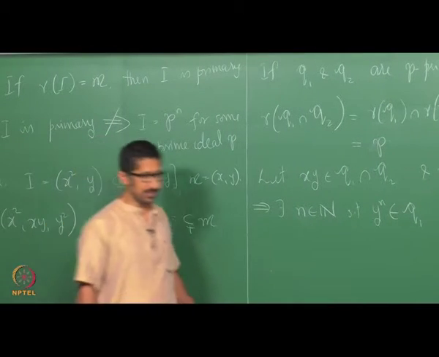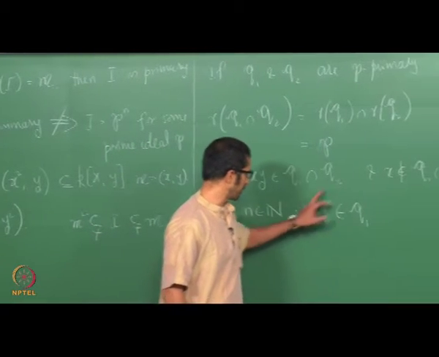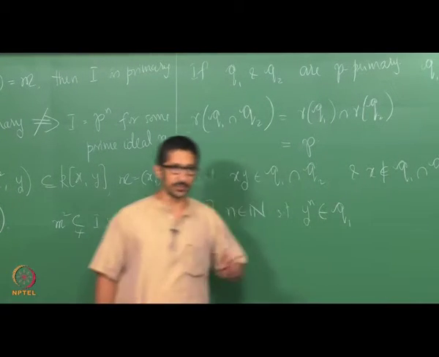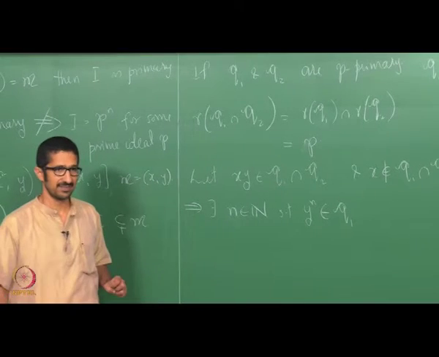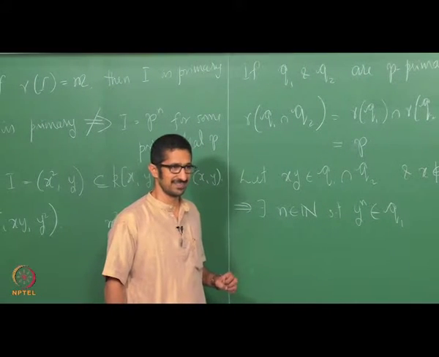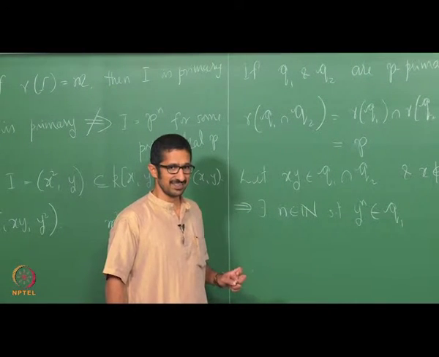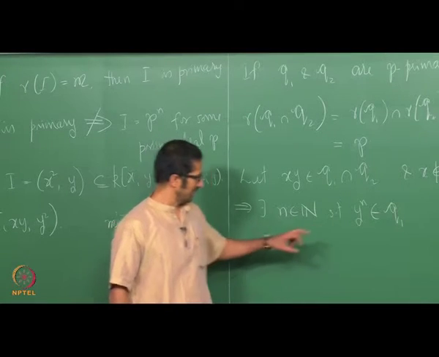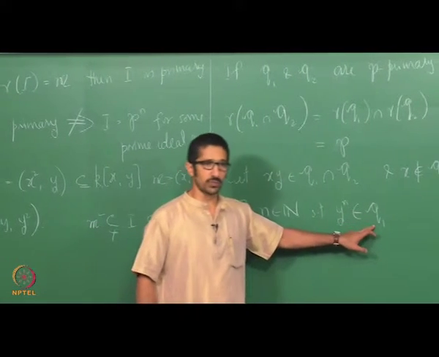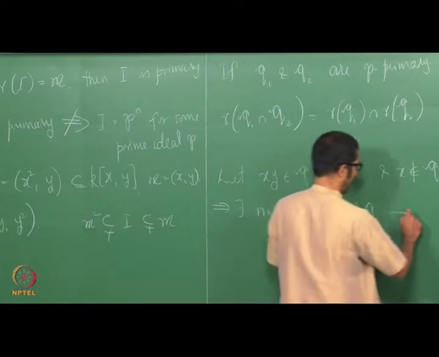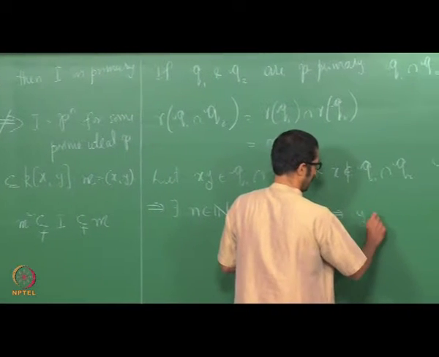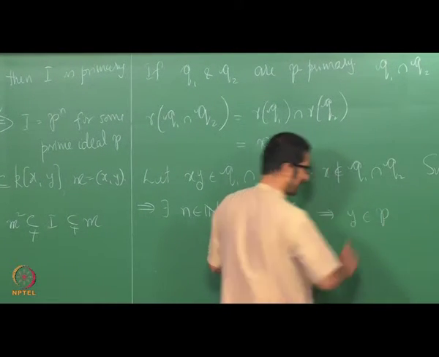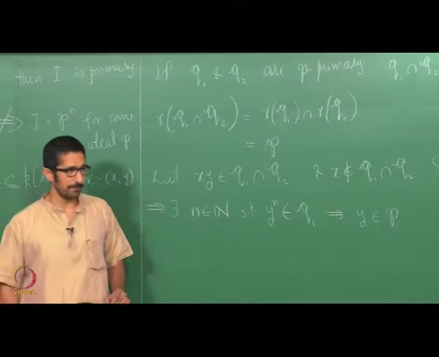But what we want is some power of y in q1 intersection q2. How do you get it? y to the power n belongs to q1. What does that mean? y belongs to the radical of q1, which is p.